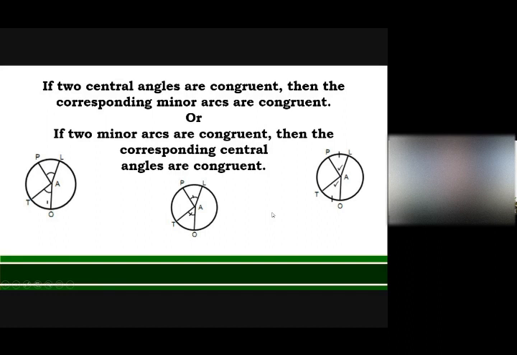So, para maganda, magkaroon tayo dito ng isang example. Okay. Sabi rito, in a circle A, if arc PL is congruent to arc TO, it means angle PAL is congruent to angle TAO.